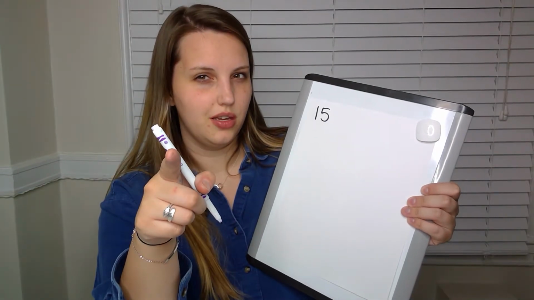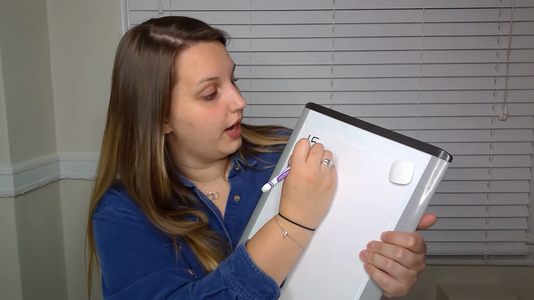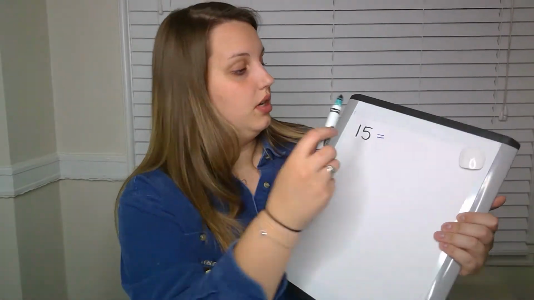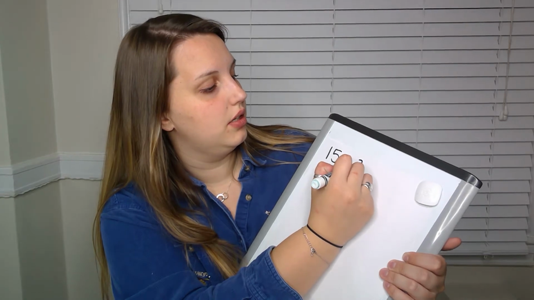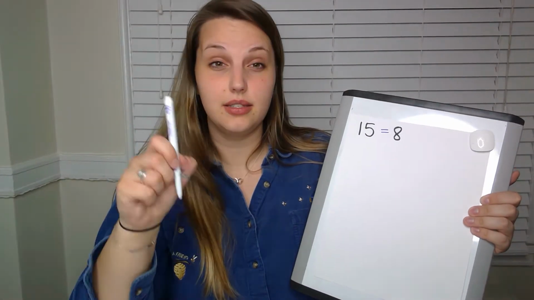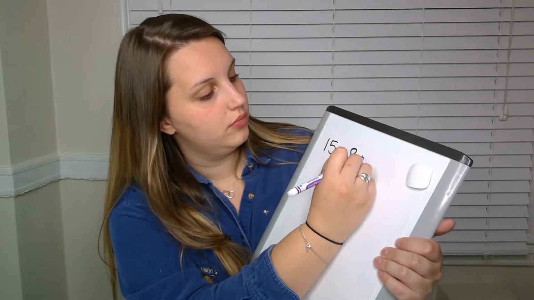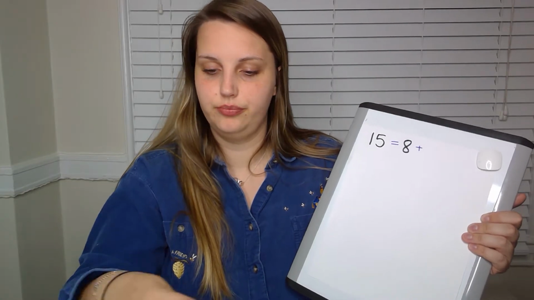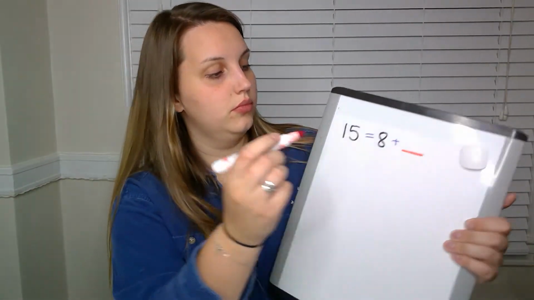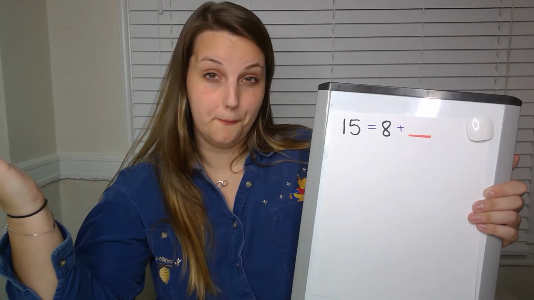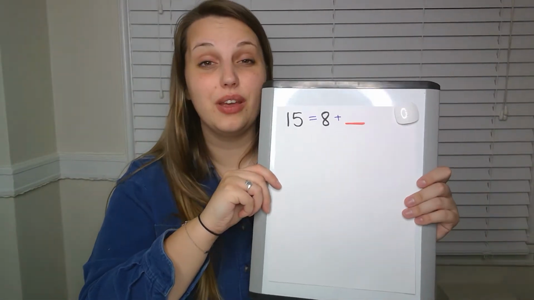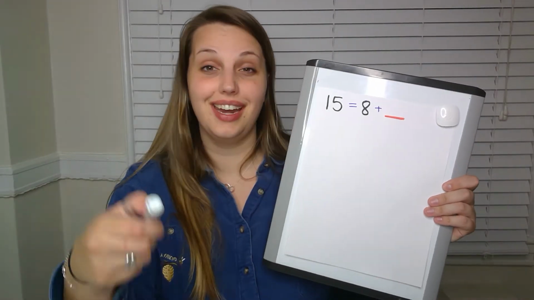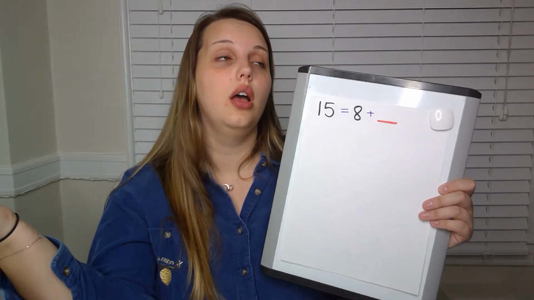Do you remember from last week? 15 equals, right? 15 equals our addend, 6 and 2 more, 6, 7, 8. 8. 15 equals 8 plus, we don't know, red underline to show our missing addend. 15 equals 8 plus. Okay, the other way that we can write our number sentence, starting with the addend that we know, which is 8.